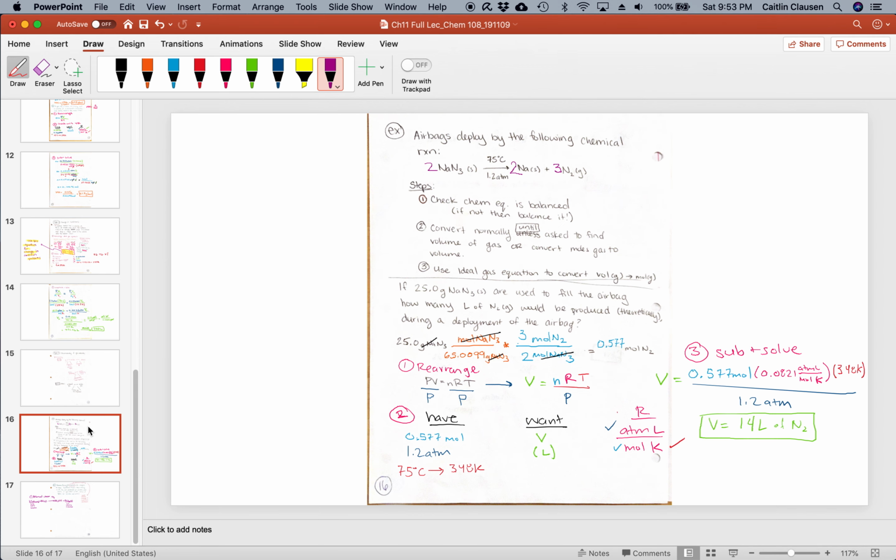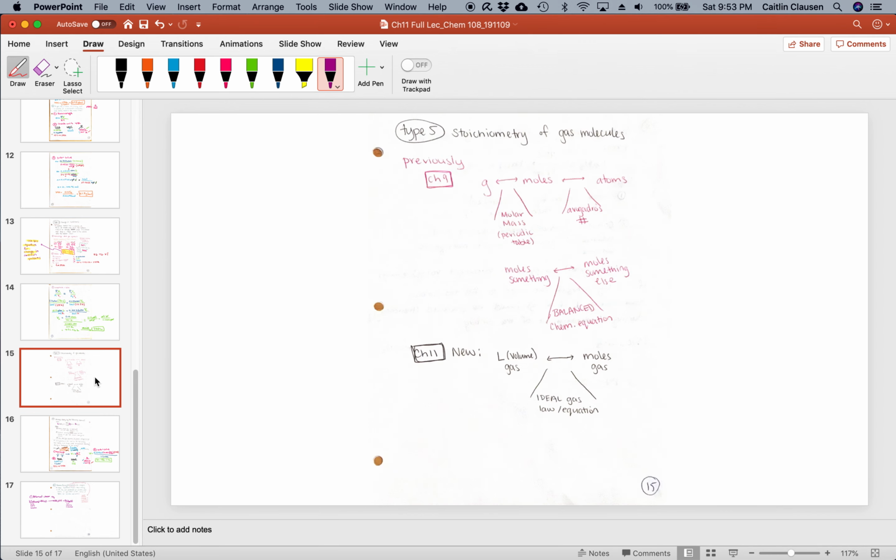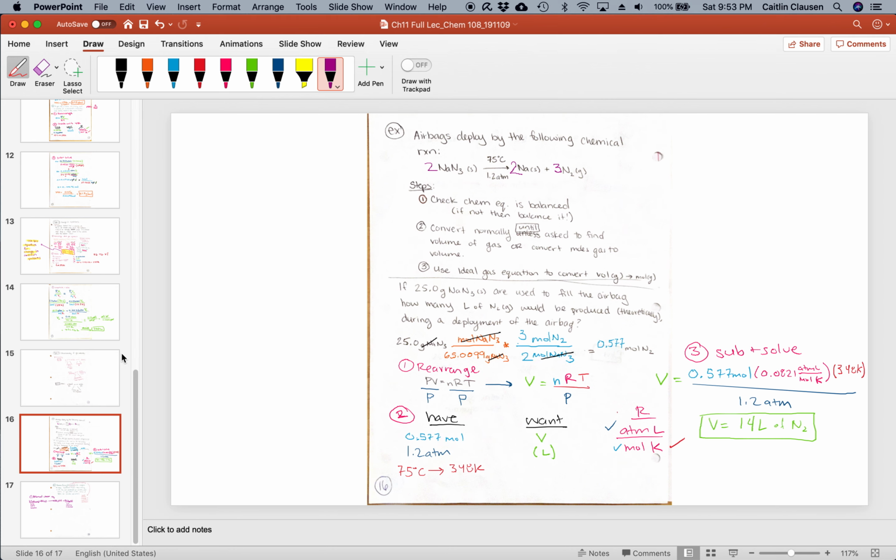If we remember our steps for stoichiometry gas problems, right, we did the chemical equation, we balanced it. You convert normally until you're asked to find volumes of gas or convert moles of gas to volume.